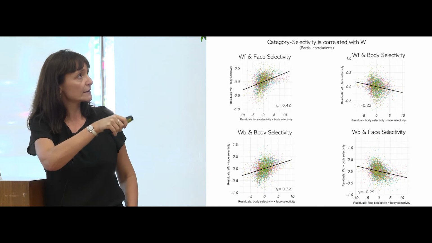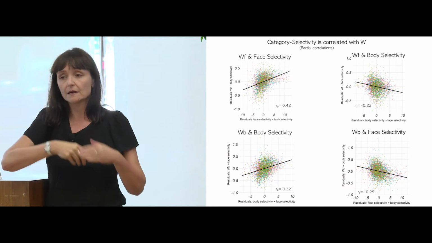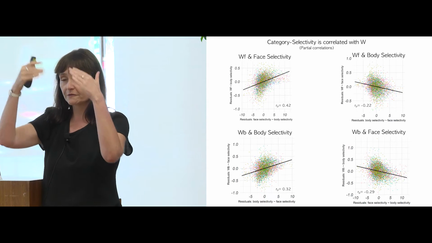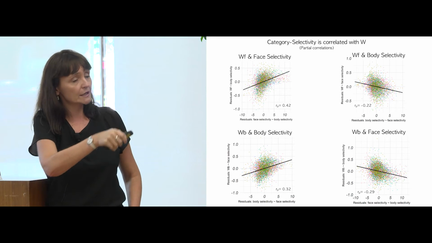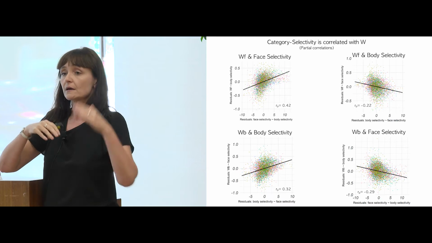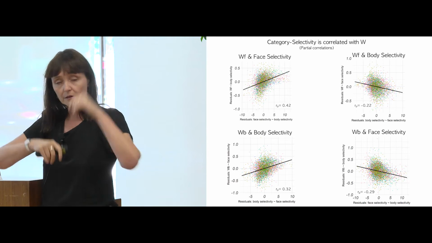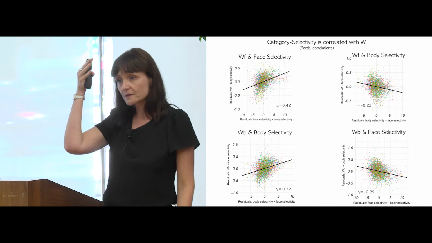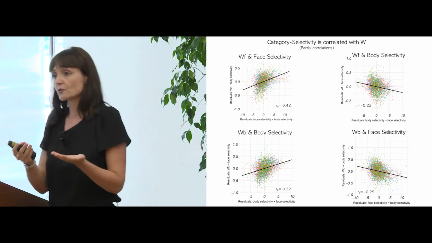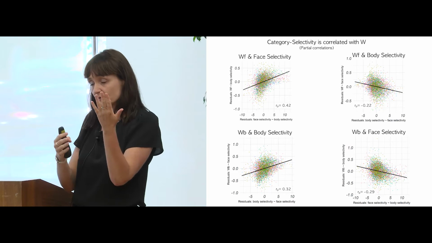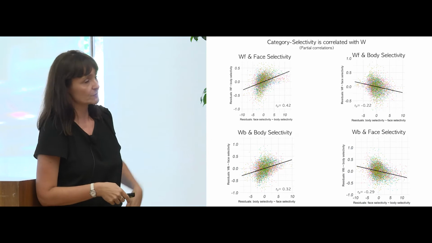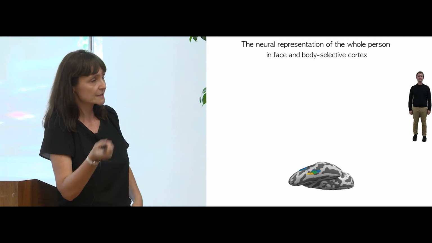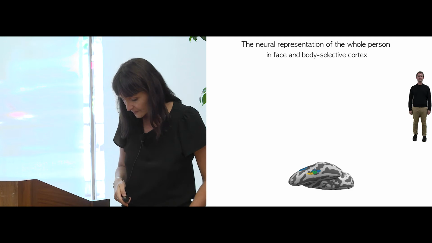So it's both a positive correlation with face selectivity: the higher the selectivity, the higher the weight for face, but also a negative correlation with the non-preferred category: the higher the selectivity to body, the lower the weight of the face. Again, suggesting that when we see the whole person, what actually influences the representation is both the selectivity of the preferred and the selectivity of the non-preferred stimuli.